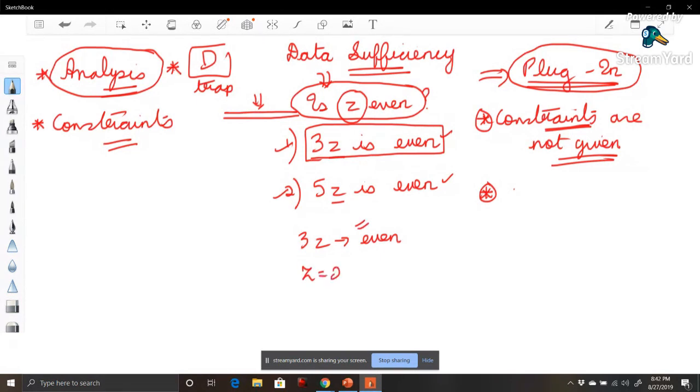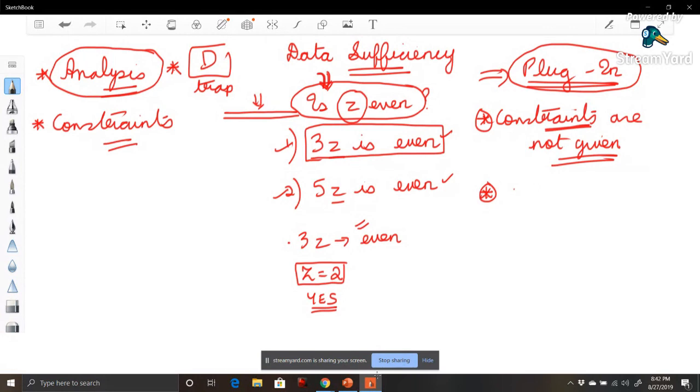I'm going to put z equal to 2. What value you use in the beginning, I'm going to leave up to you, as long as you put in a value that satisfies the statement. So 3 into 2 is 6, and 6 is definitely even. But since this is a yes or no data sufficiency question, I need to take this value of z and answer the question. So z equal to 2 gives me a yes to the main question, because z can be even.